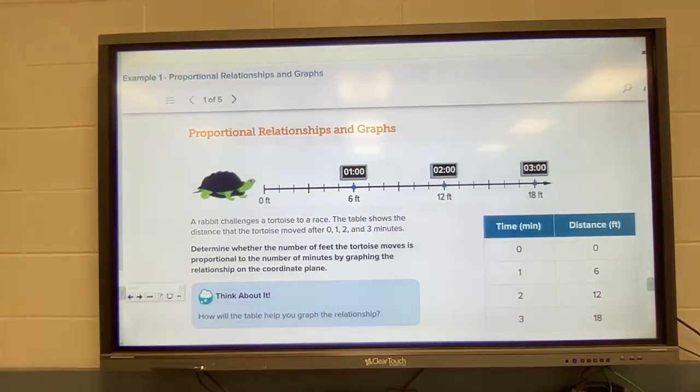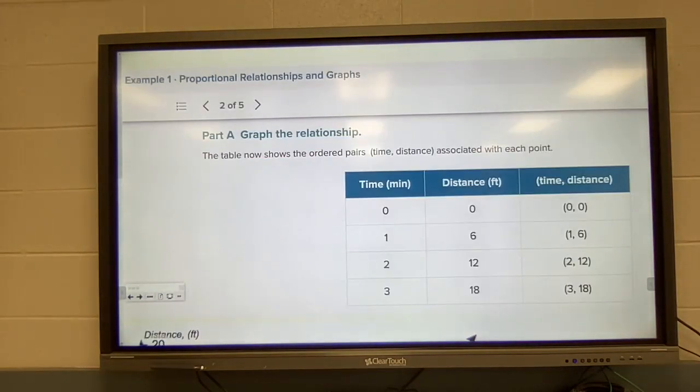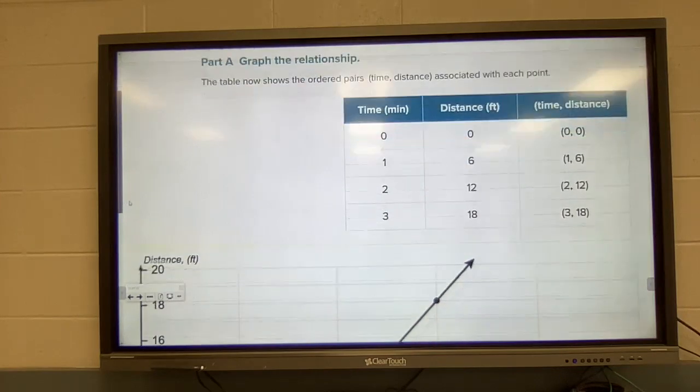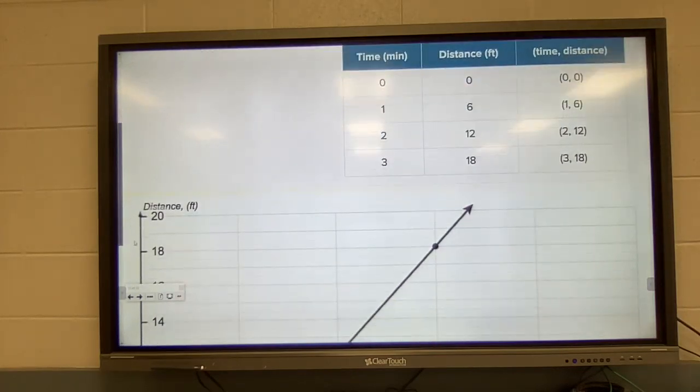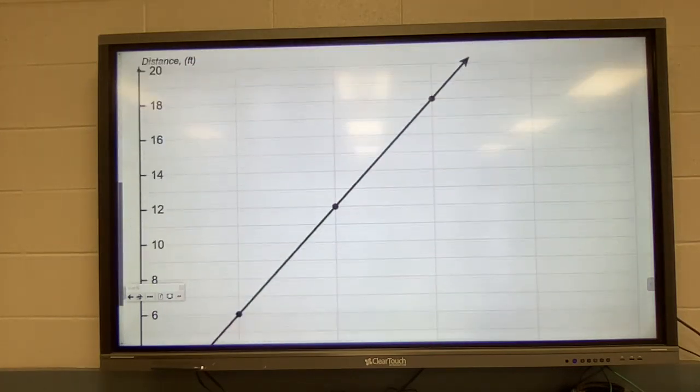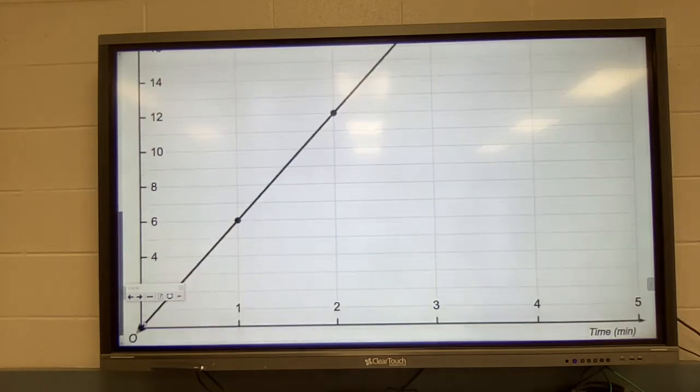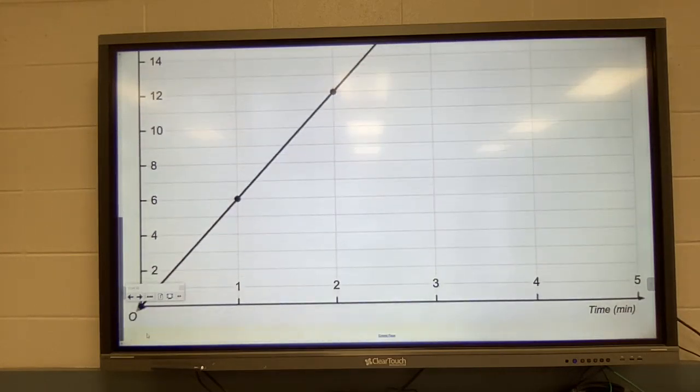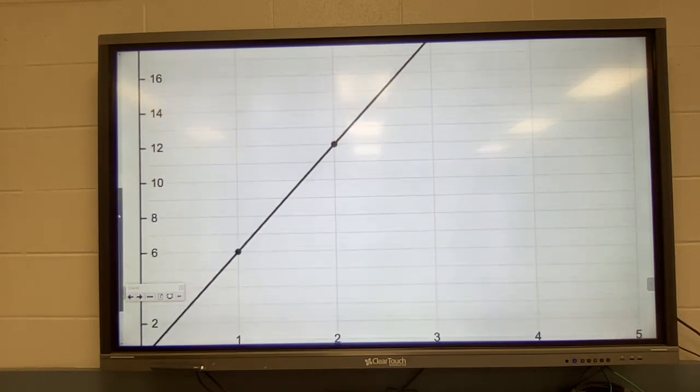So here you go. So we are going to take these, and I already told you that you're taking your ordered pairs like that, okay? And then here, see, when I graph it, remember your x over there is going to be your time in minutes, and then y is going to be the distance.